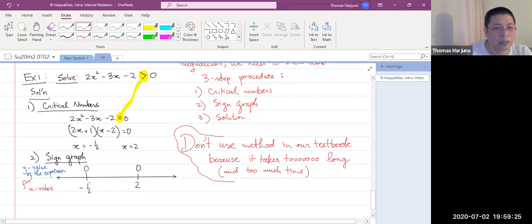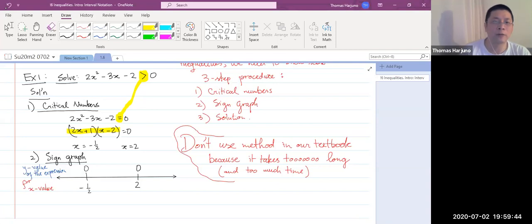So when x is -1/2, that expression is 0. When x is 2, that expression is also 0.